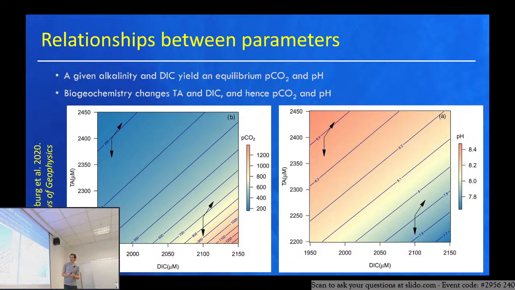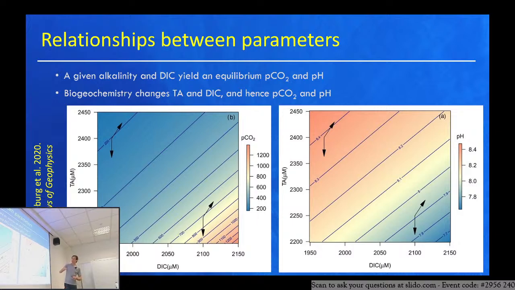So we can make a cross plot of alkalinity on the y-axis and DIC on the x-axis, and then we can have contours in there to tell us for any given combination of those two, what will be the resulting PCO2, which is over here, and the resulting pH.